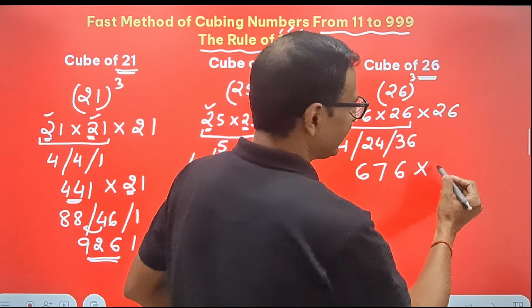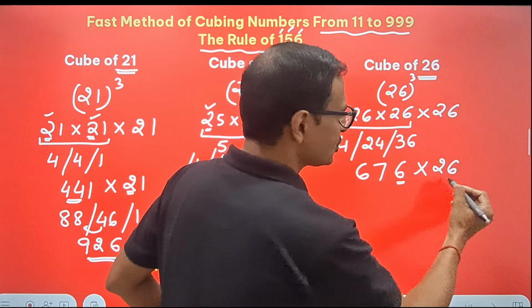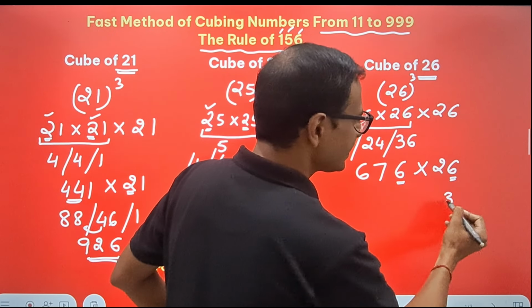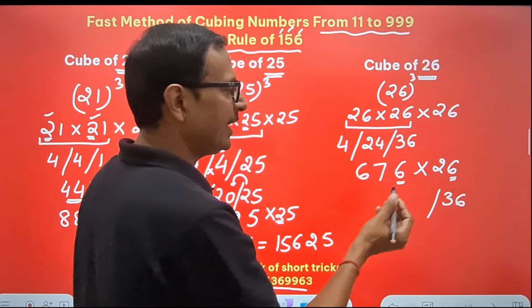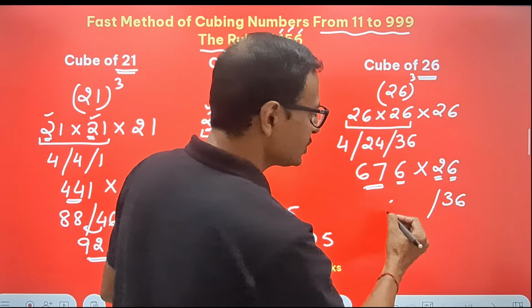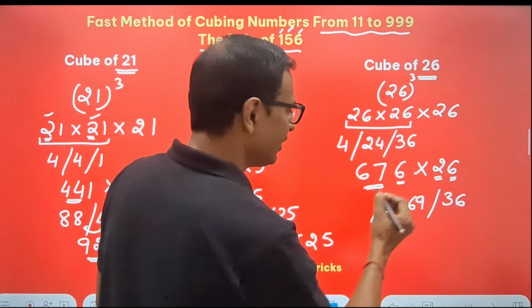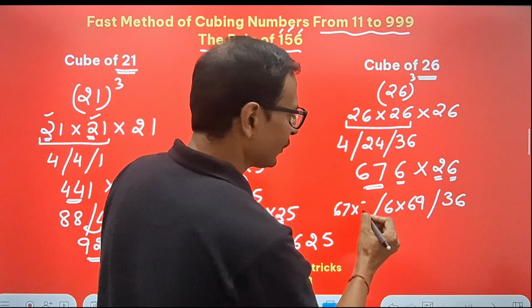And then multiply that by 26 again. Again 6 times 6, forget these two 6's, just write a 36, and then the remaining part, 67 plus 2 is 69, but you have to do 6 times that sum, and finally 67 times 2, right?